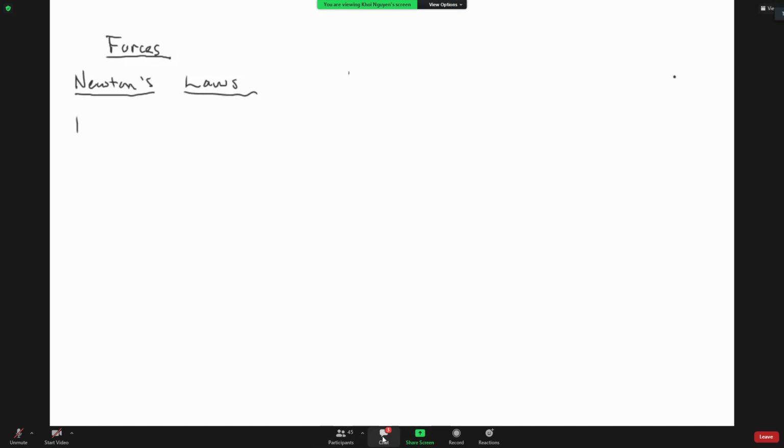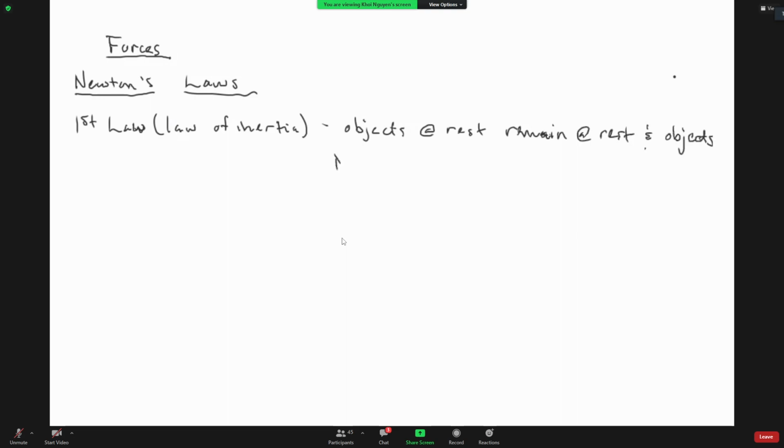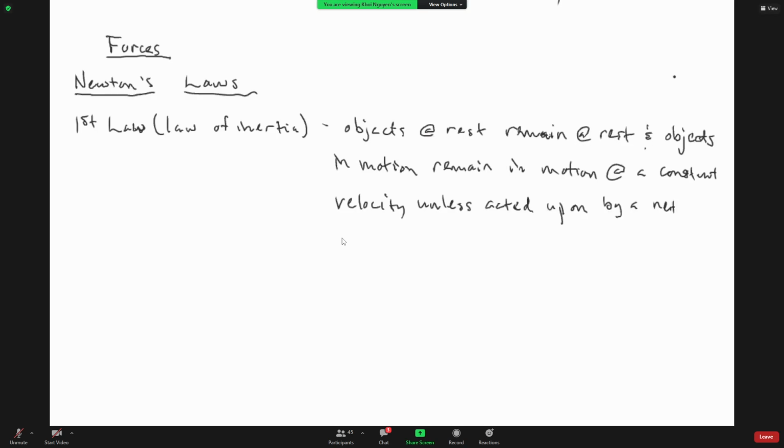The first law, often referred to as the law of inertia, simply states that objects at rest remain at rest, and objects in motion remain in motion at a constant velocity unless acted upon by a net external force.